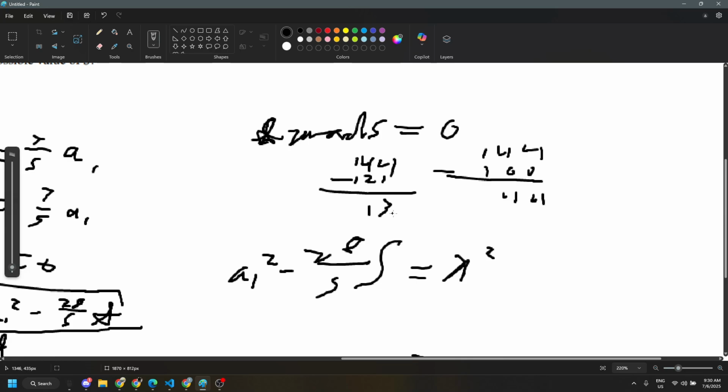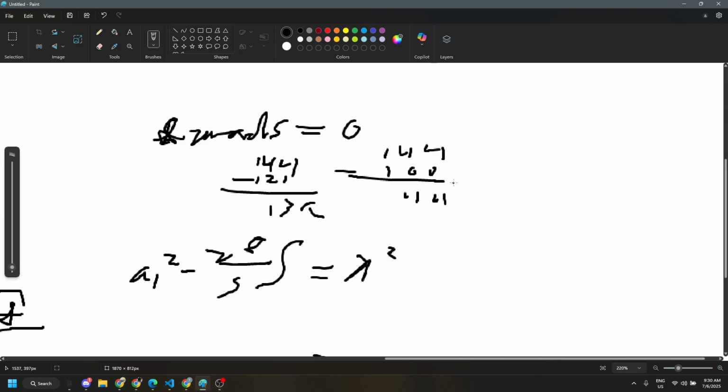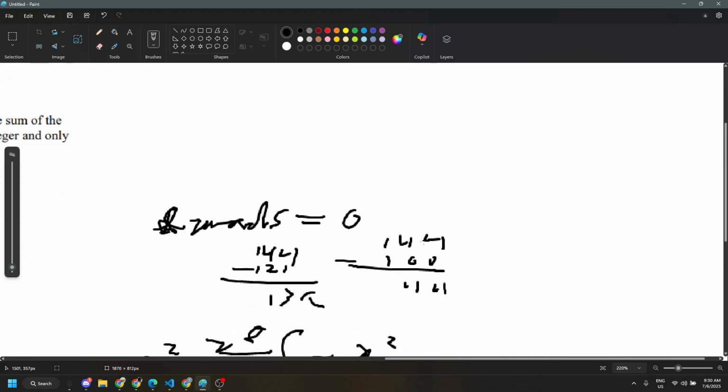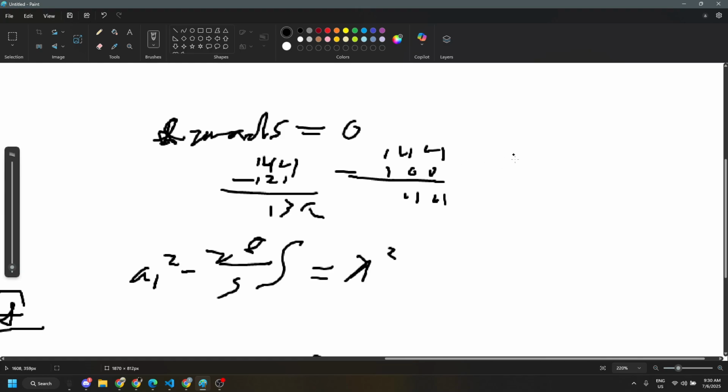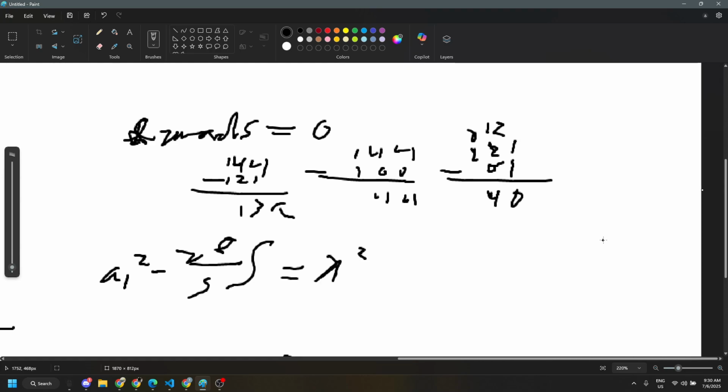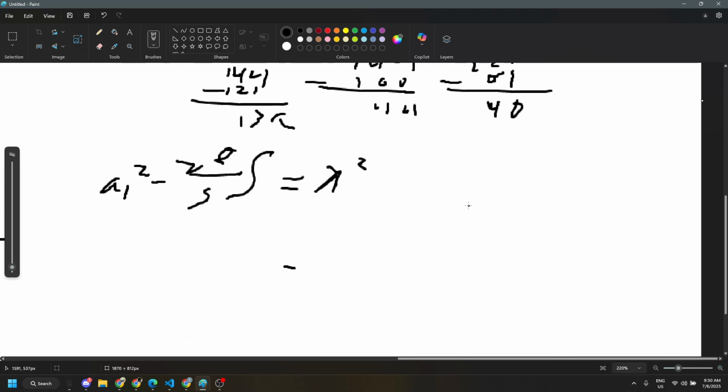I know that this will always be odd if they are consecutive. So let's go further down and take the difference of 2. 121 minus 81 equals 40. 40 is still too big.